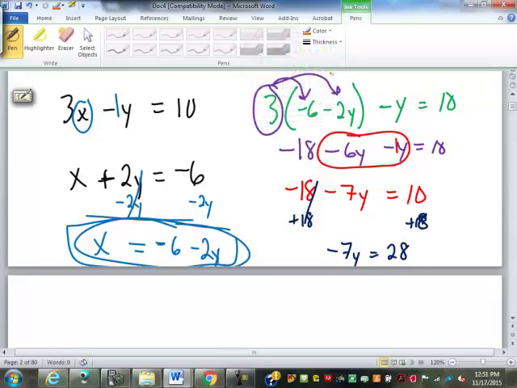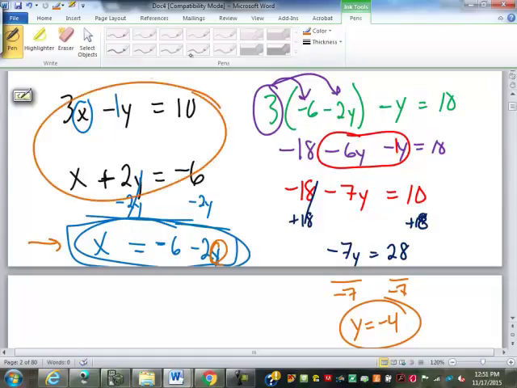And then divide by negative 7. So y equals negative 4. Now what? Yeah, plug that back into this one, that would be the easiest. I can go back to any of the original two if I want to as well, but this one here would be easier because it's already solved for x. So x equals negative 6 minus 2 times negative 4.